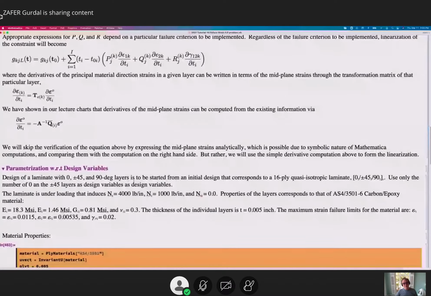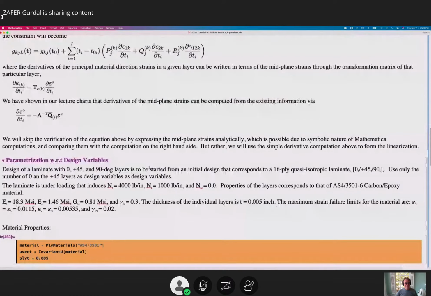Let's try to parameterize the design activity. And for that, as I said, I'm going to use 0s, 45s, and 90s. I'm trying to keep it kind of generic, but in your test, for example, you're going to be using 0s and plus minus 60s. And I'm going to define my load vector to be fixed, Nx, Ny, and Nxy. So a single point, single load design.